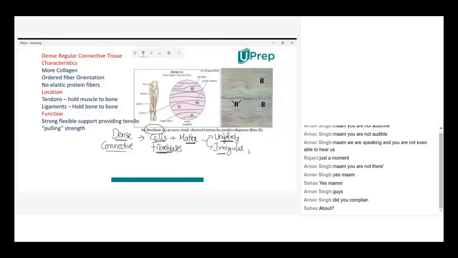Here, if you take the fibroblast cells, they secrete a protein called collagen. Starting of the session, we discussed collagen is a protein.